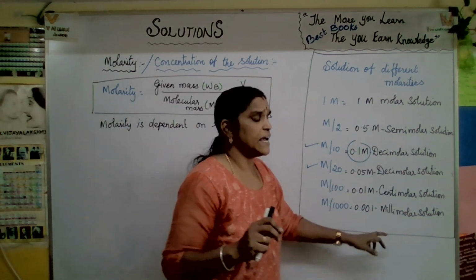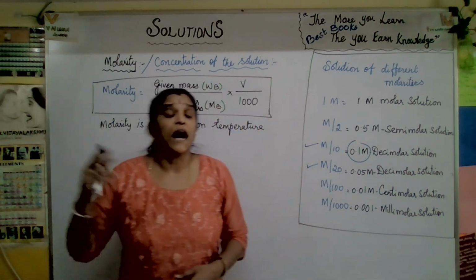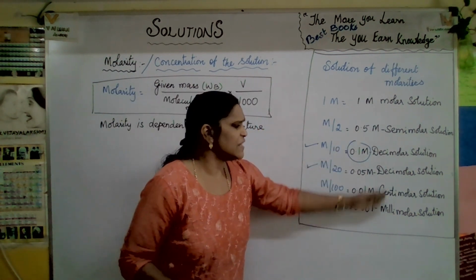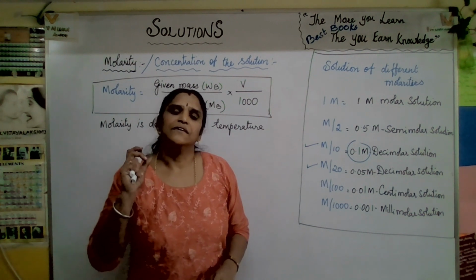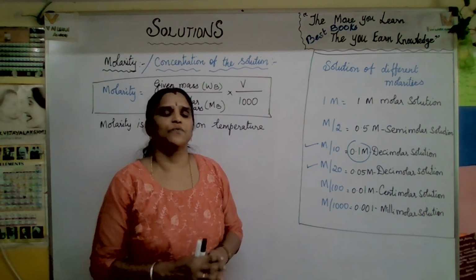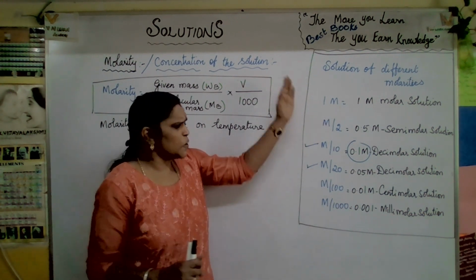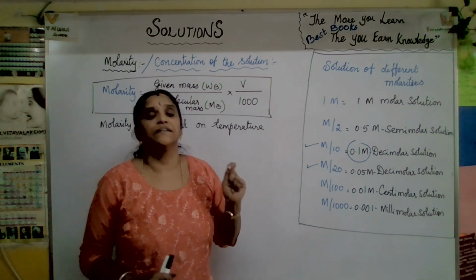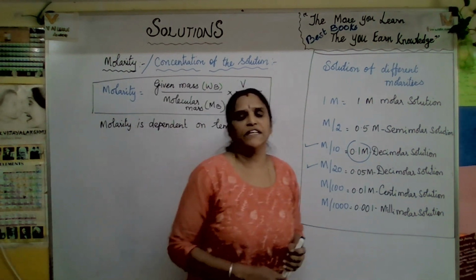You can collect these ideas from objective type questions, because there are so many, given in a twisted, confusing way. So please note down and take that screenshot.